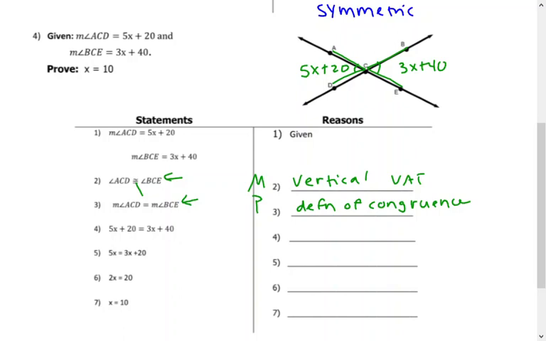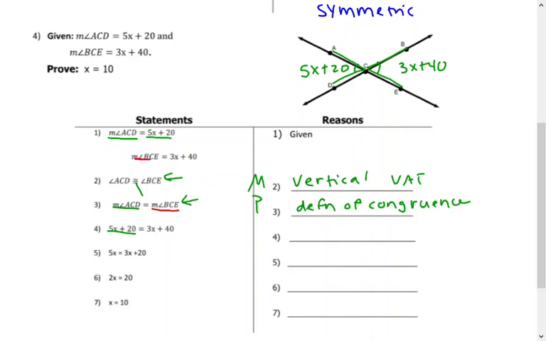So now we have to figure out what lets us go from saying the measure of ACD and calling that 5x plus 20. Well, that's back from where we started. ACD was 5x plus 20, and we're turning ACD into 5x plus 20. We're going to do the same thing with the other angle. We're comparing it to BCE.